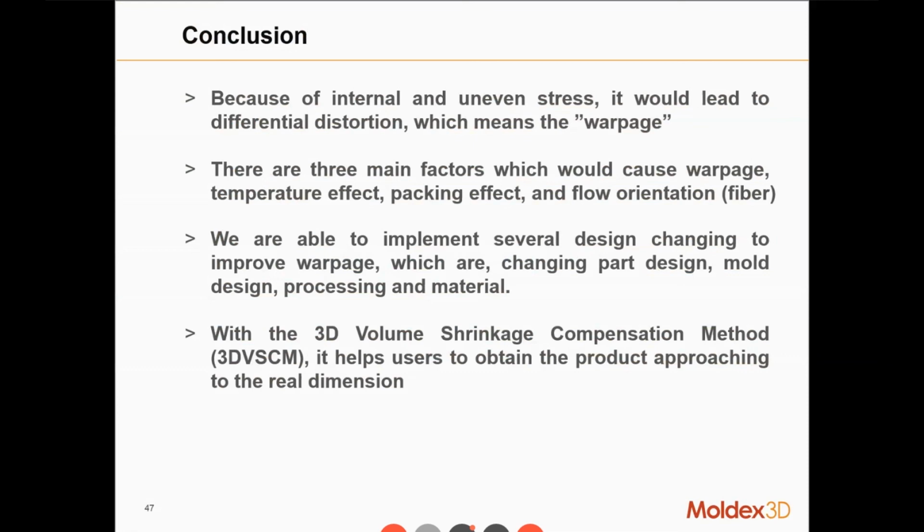We can change the part design or mold design. We can even change the processing by enlarging the packing time or packing pressures, or even change the material, for example, to use material mixed with fibers. And the last one is using the 3D volumetric shrinkage compensation method. It will help us to have a model that will approach the real dimensions.